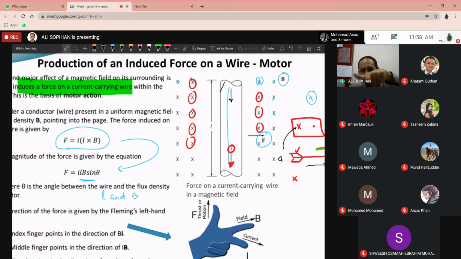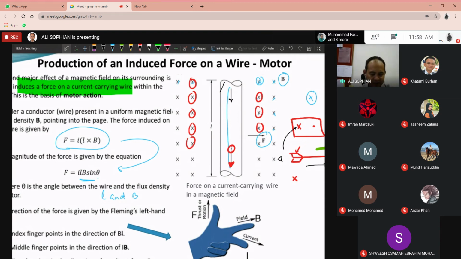So I is downward, and therefore F is going to the right hand side. This represents the direction of the force. So F is to the right hand side, which is in agreement with the illustration that you have on the slide. Okay, so that's how you use Fleming's left hand rule.